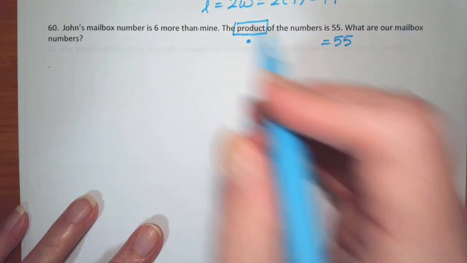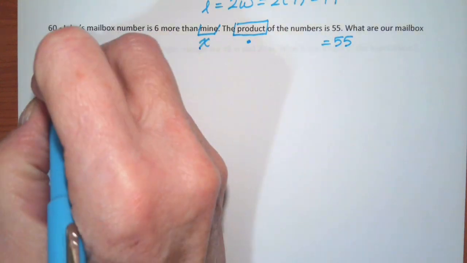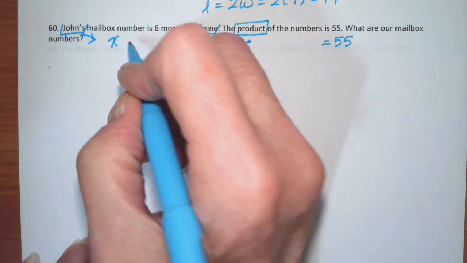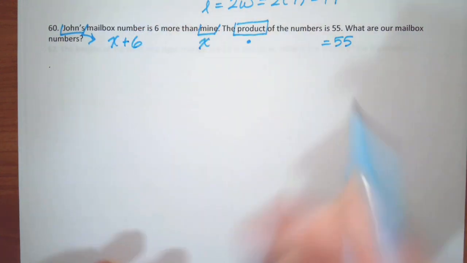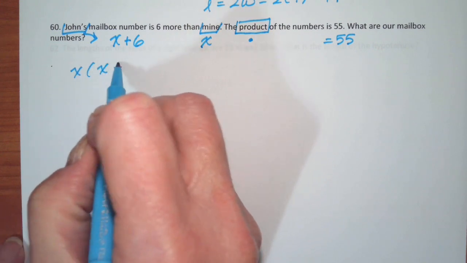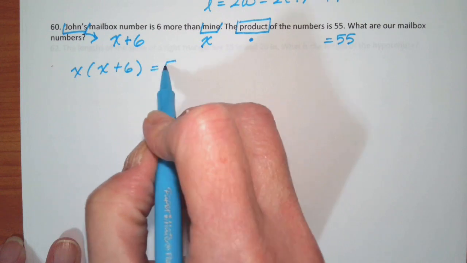So I'm going to let X equal mine, and then John is going to be mine plus 6. So I'm going to take X times X plus 6, that's the product of them, is 55.